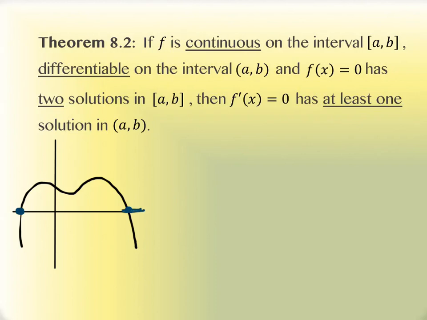Well, if it crosses the x-axis twice, which is what this says, then at least one place between where it crosses and where it crosses the second time, it's going to have a slope of 0. It's going to have horizontal tangent lines. Now, the way that I drew it, I've got 3 of them. Agreed? I have 3 peaks and valleys, so I've got this location, and this location, roughly speaking, where I have horizontal tangent lines. But at the very least, I've got to have one location where this would happen.